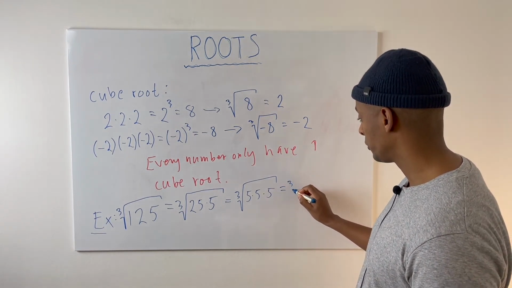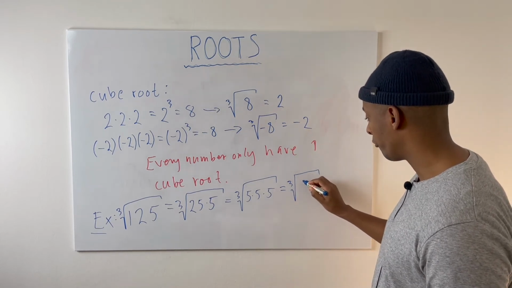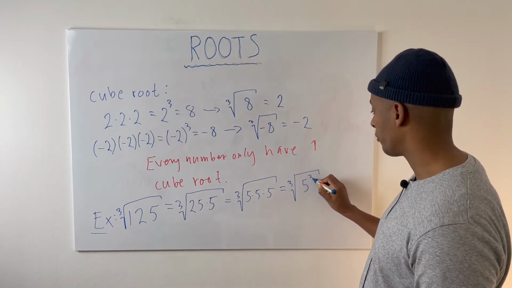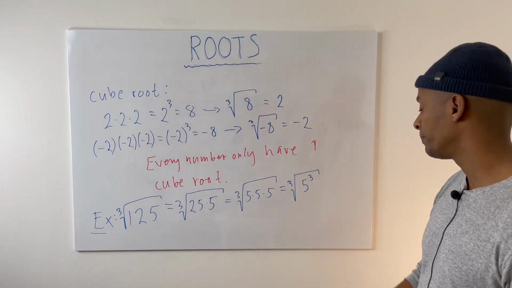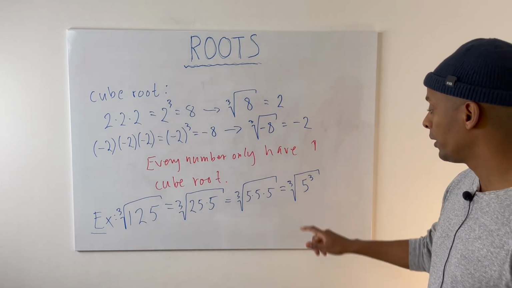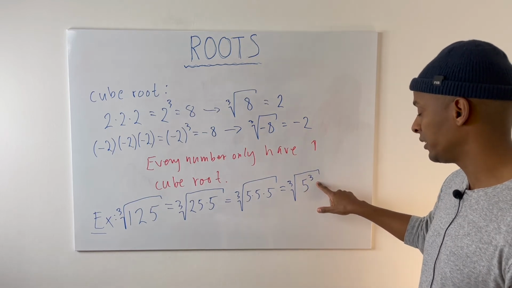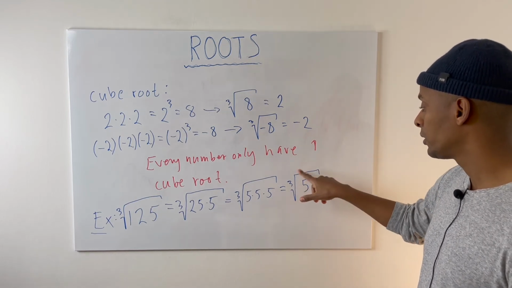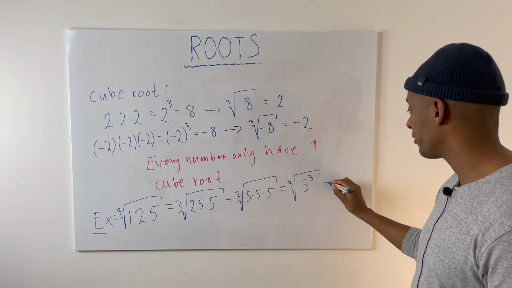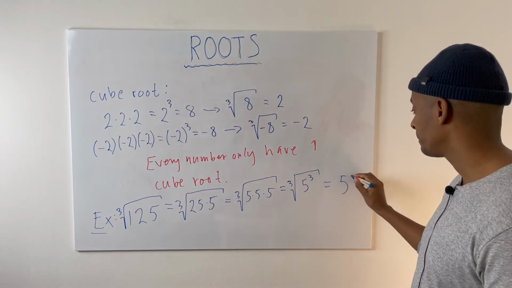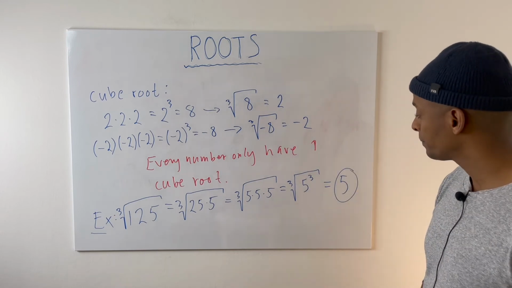So this is equal to the cube root of 5 to the power of 3. Okay, 5 cubed. Well, these two things cancel each other, right? The roots cancel out the powers. So this is equal to 5, and that's the answer.